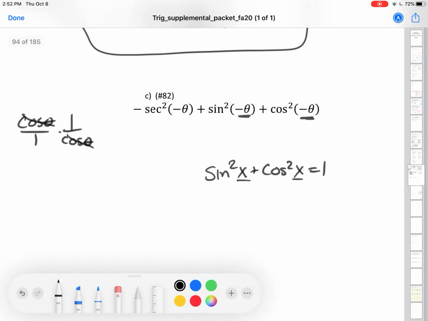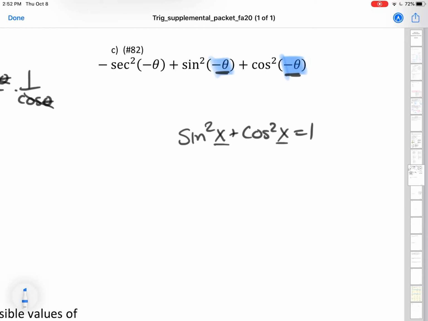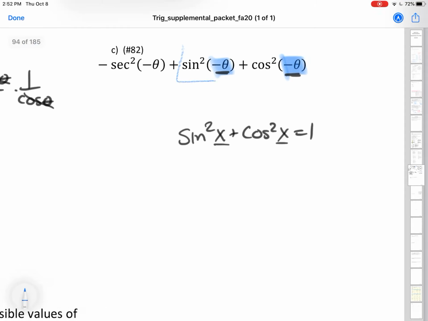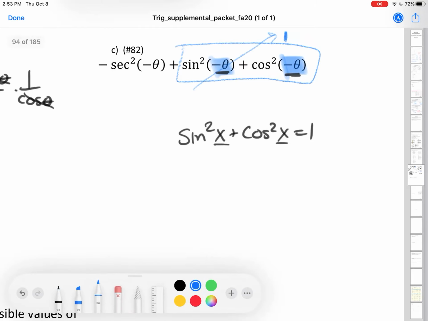But you have the exact same angle. So what does that mean? It means that this, you know what that is. According to the Pythagorean identity, it's 1. That whole thing can get replaced with 1.